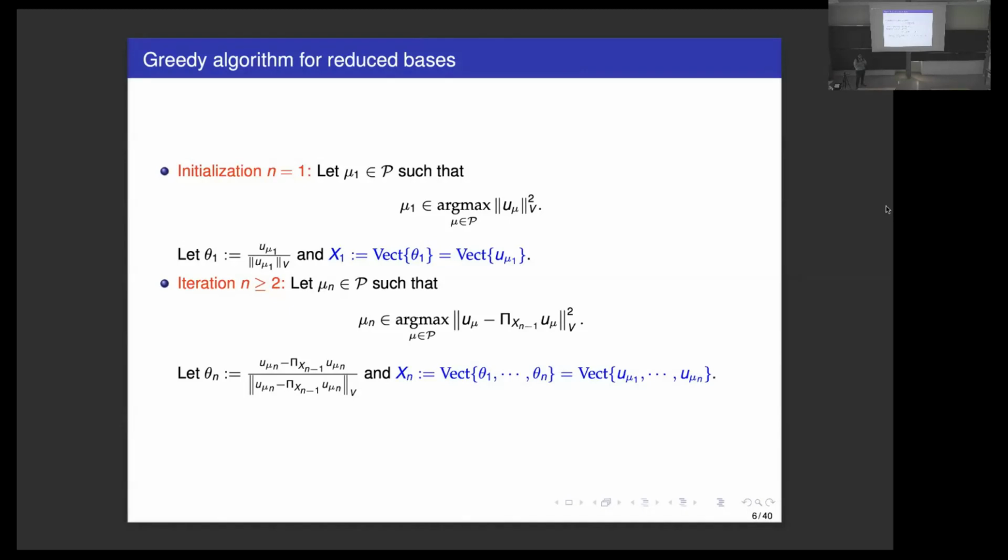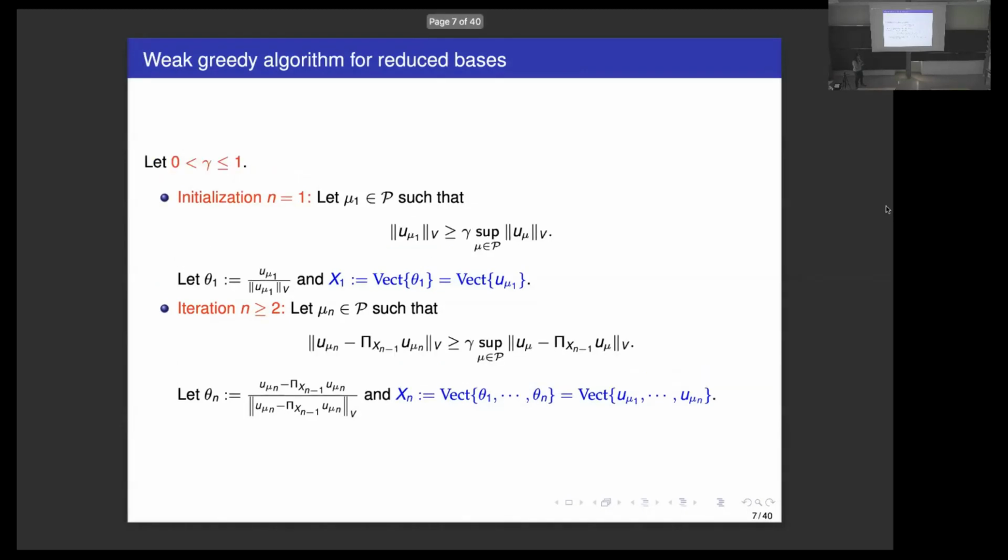This is the ideal greedy algorithm, and you can consider relaxed versions of these algorithms, which were also analyzed in several works, and which will play an important role in what I'm going to tell in the following. And these are weak greedy algorithms. The weak greedy algorithms depend on the parameter gamma, which is positive and smaller or equal to 1. And it reads as follows.